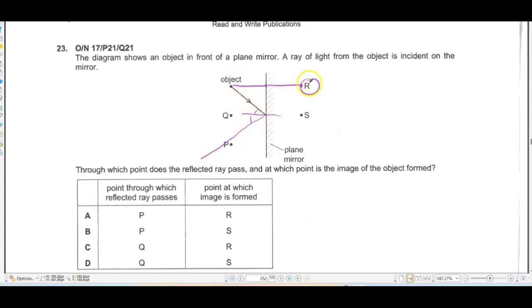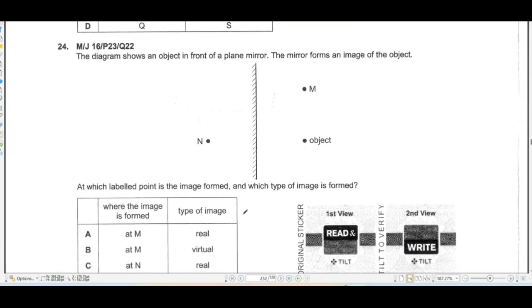So the image is going to be formed at R, and the point through which the reflected ray passes is P. If you draw this line correctly and extend it, it goes to R. So this is the right place for the incident ray. The point is P and the image formed is at R. So A is the correct option.